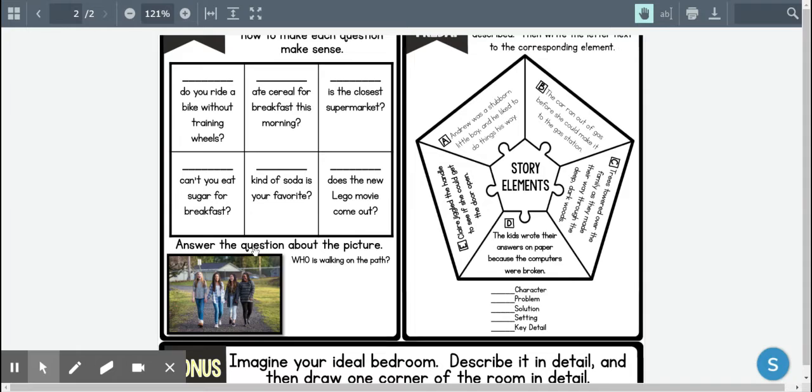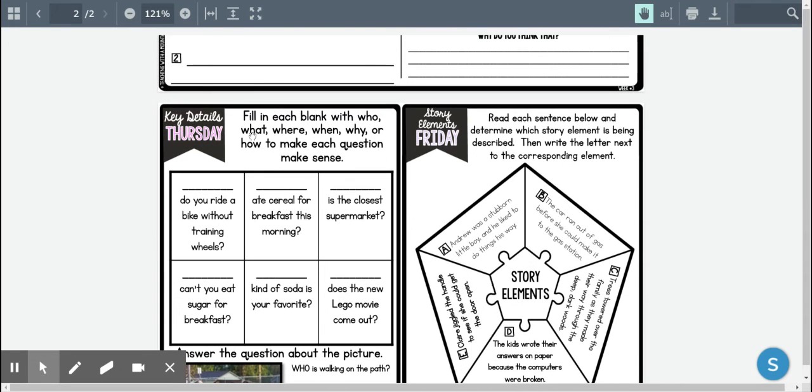And then you'll answer the question about the picture, who is walking on the path. Always looking at those question words helps us to answer correctly. For example, last week, one student answered yes or no to a question that didn't require that kind of a response. So you look at these words to help you know how to answer questions.